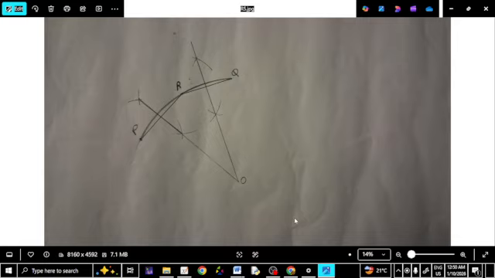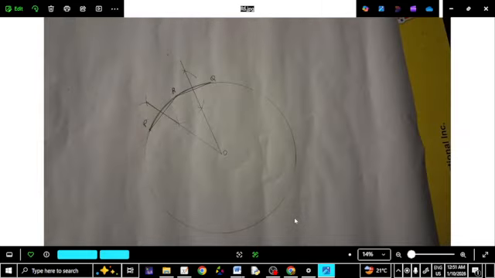These two perpendicular bisectors meet at the point O. Taking OP as a radius, you can complete the circle now. And that is the required circle such that PQ is an arc of that circle. This way, given an arc of a circle, you can complete the circle.